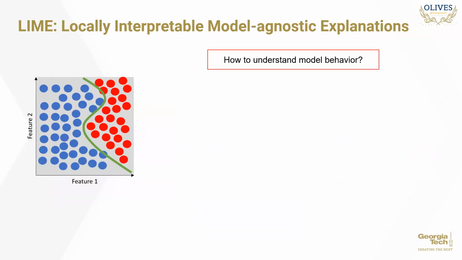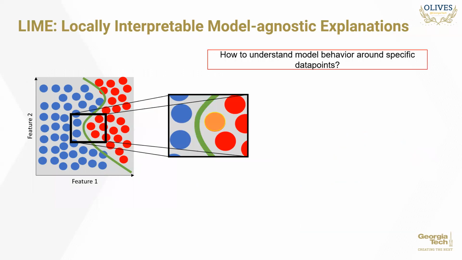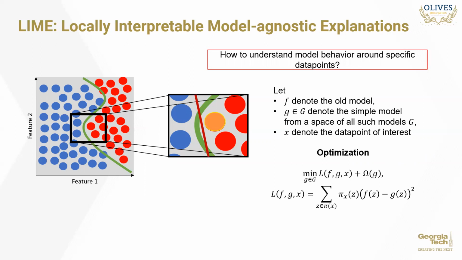The method that I'm going to be using in the context of geophysics interpretation is LIME. LIME works by taking a data point of interest and then trying to approximate the behavior of the original black box model with an interpretable model. It does this by solving an optimization problem.